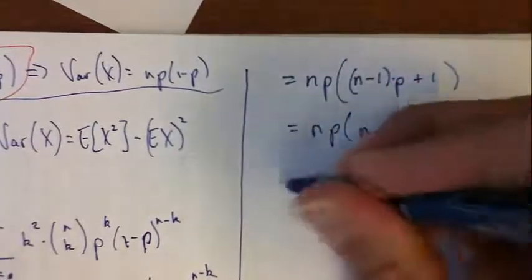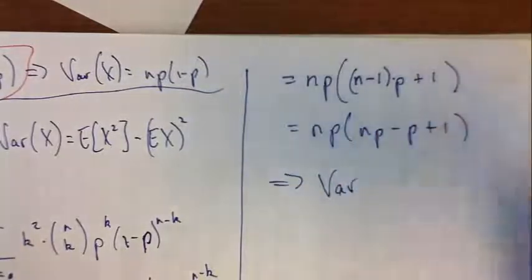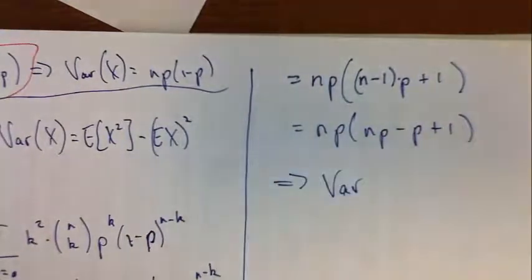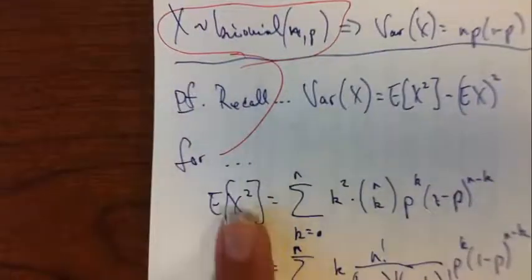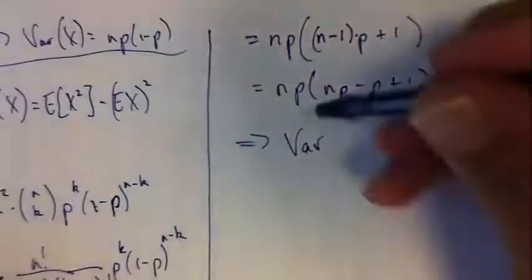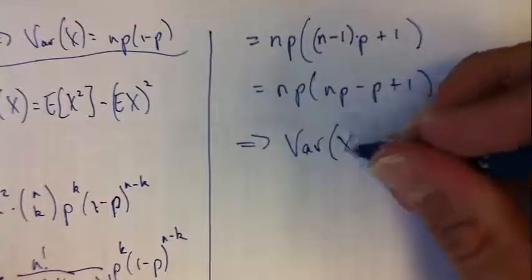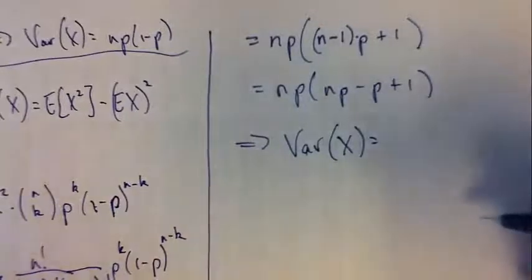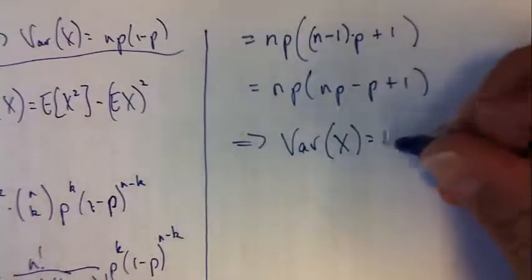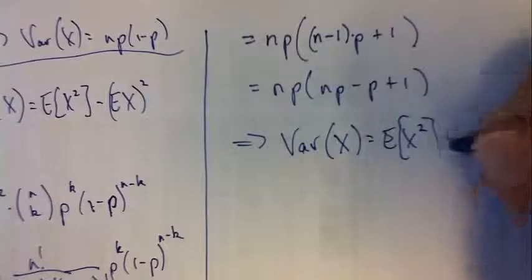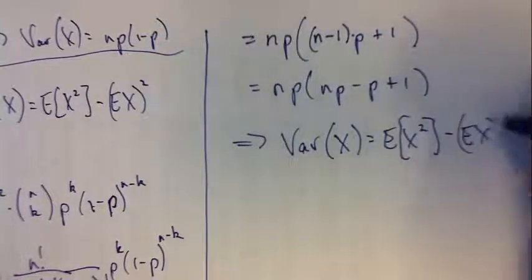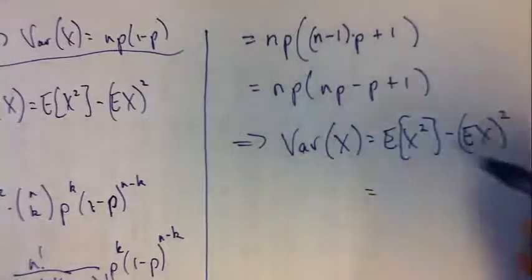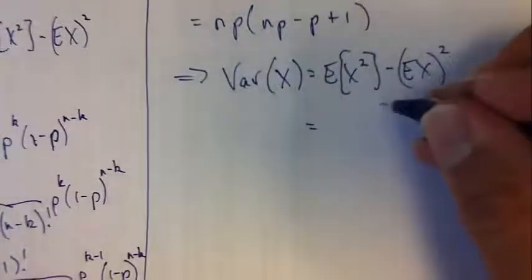So finally, remember, you have to take all this stuff and stick it back in to get the variance. Remember, all we did there was we just found the second moment, the expected value of X squared. Okay, so the variance of X is the expected value of X squared minus the expected value of X quantity squared. So now let's see, I just found all this stuff.